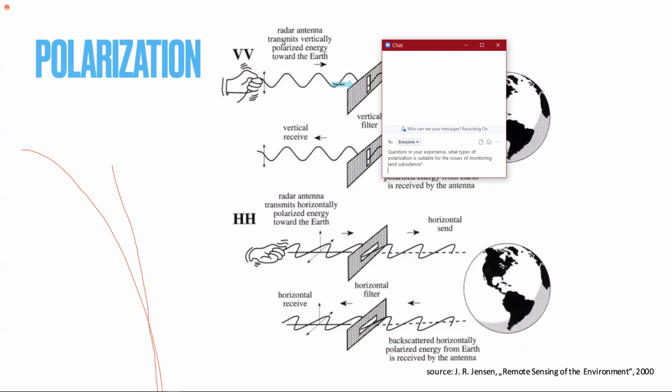Nevertheless, typically until now, most of the SAR sensors are limited to vertical and horizontal. And when we have all four of them, the VV, the HH, VH, and HV, then we can reconstruct a complete polarization matrix anyway. And I will talk a little bit about that in a couple of slides.